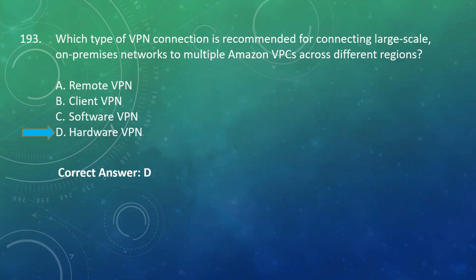This type of connection is suitable for scenarios where you need to connect large-scale networks, provide high throughput, and establish connectivity across different regions. Hardware VPN connections can offer consistent performance and are often chosen for more demanding network requirements.